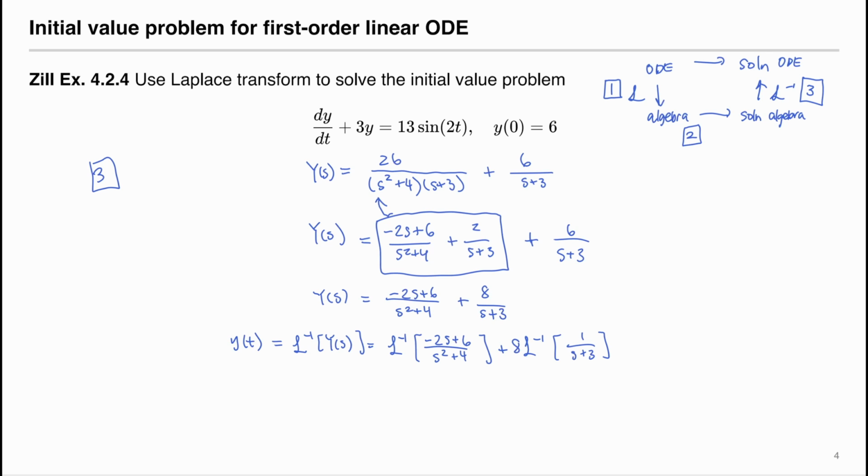Well, the first term looks like there's nothing in the table, so we need to further simplify it with term-wise division. Because in the numerator we have addition terms, we can expand them out. Now we have 3 terms. Then we also want to change this part.